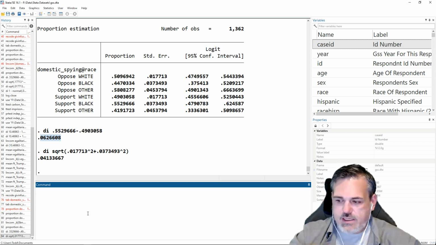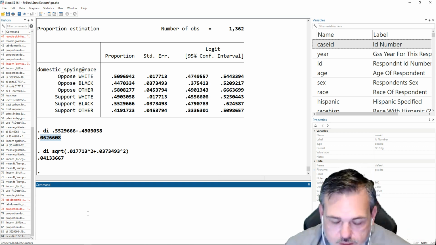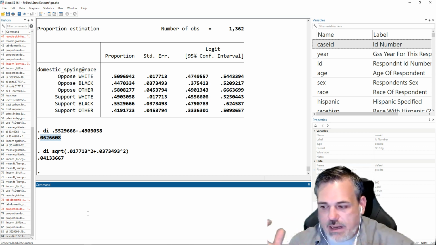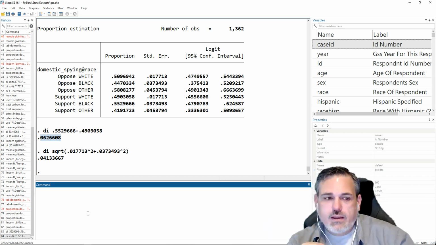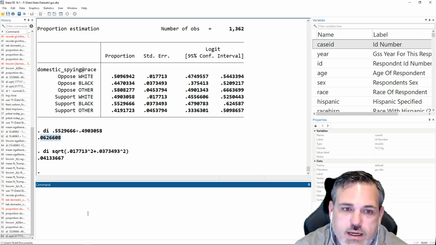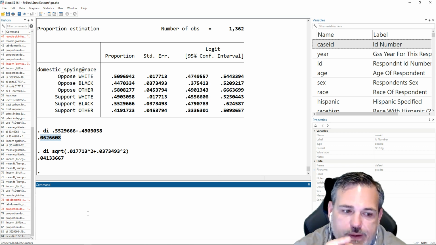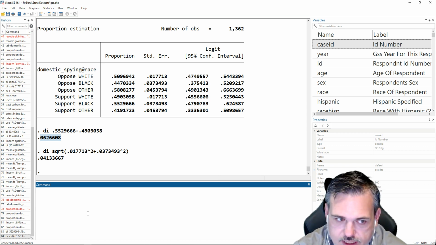So we've got these two measures. Now we're going to take these two measures and plug them into an equation which calculates the z-score. A z-score is a transformation you make upon the data to assess it for statistical significance.